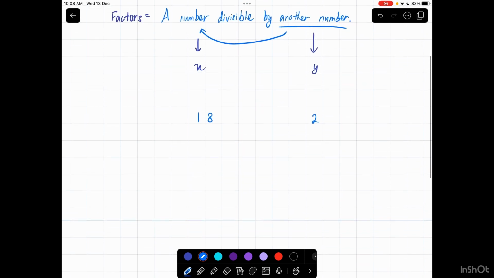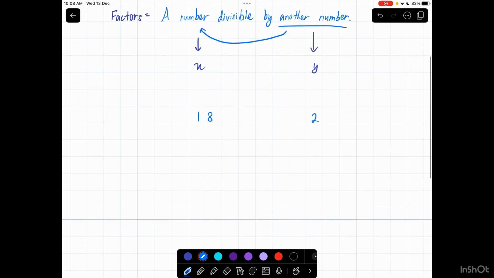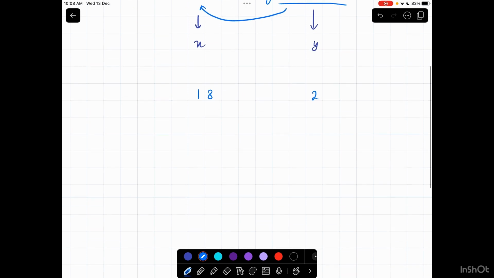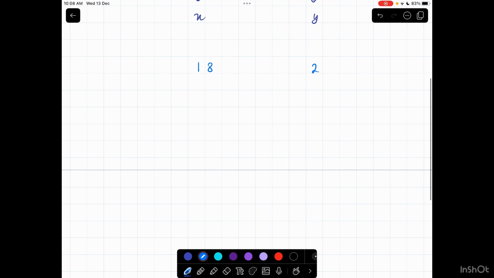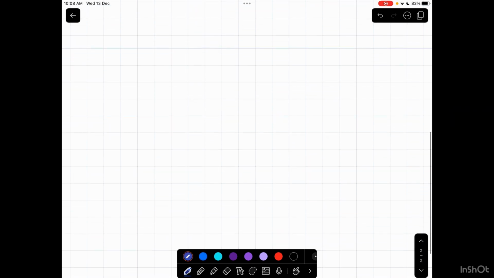In examinations, you will most probably be asked what the factors of a particular number are. Let me give an example. For instance, the number given is 24, and you are asked to list out all the factors of 24.